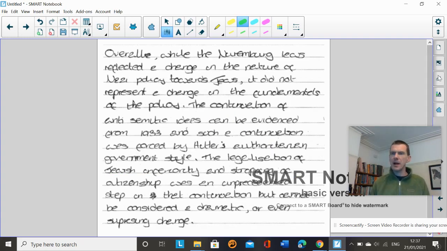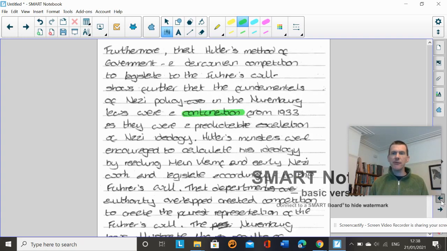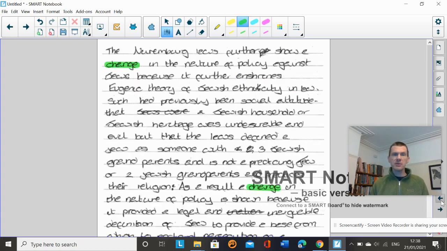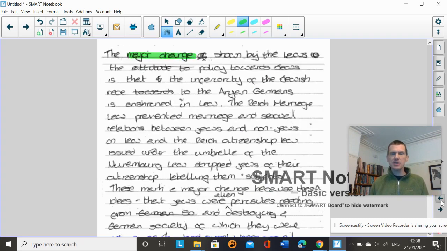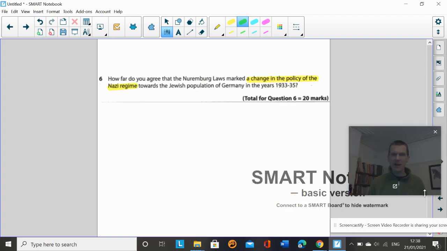But what we've got there, you can see is four paragraphs, the first two on change, the second two on continuation. And it's really clear at the start and end of those paragraphs what the focus will be. Hopefully they're going to explain themselves well, and that will lend to the precision and clarity of that answer.